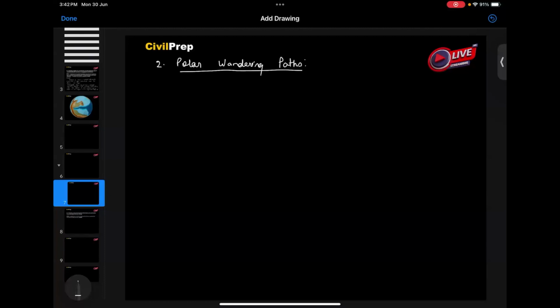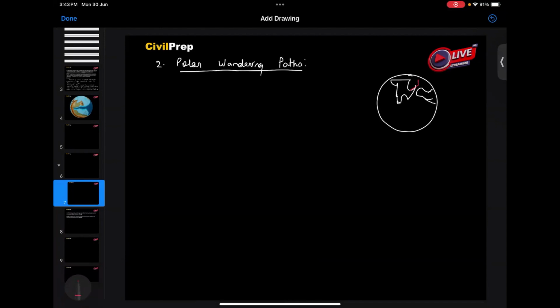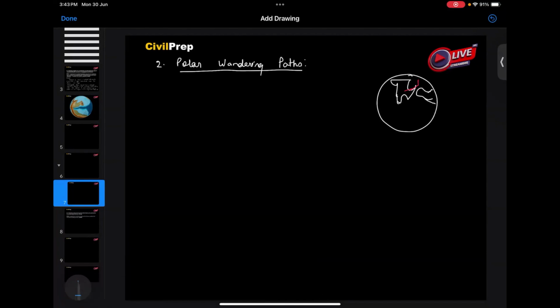So here we'll be seeing that the polar regions, for example, this is North America, this is the region of Siberia. So in the past, there has been shifting in the poles.